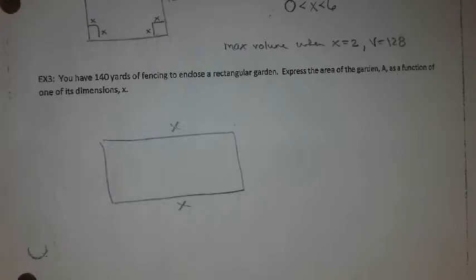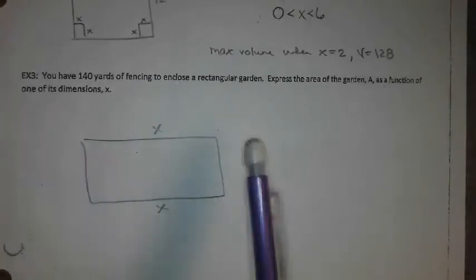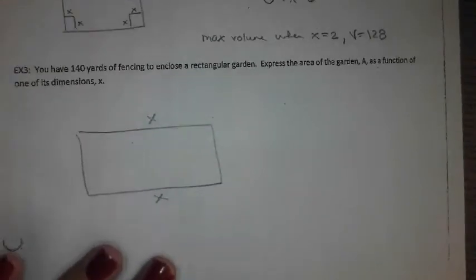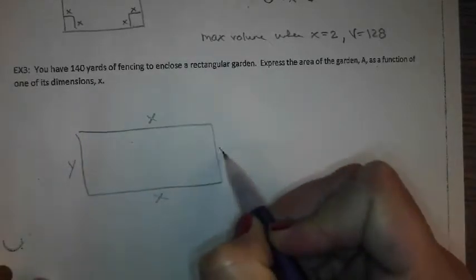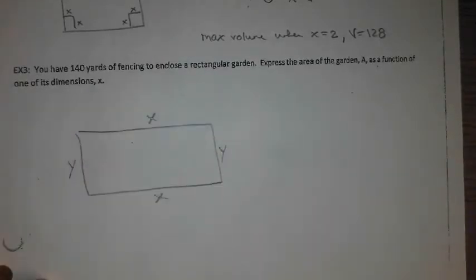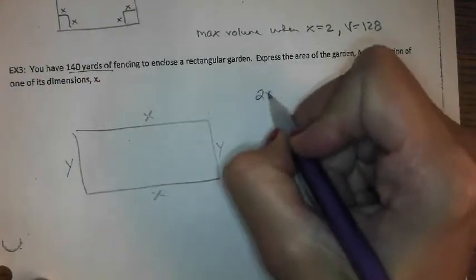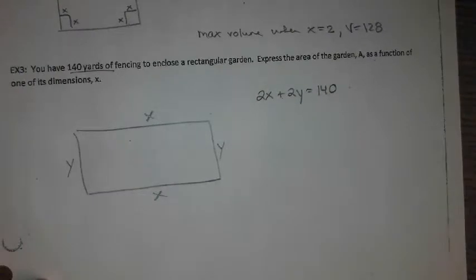So, what are we going to do to reference the width then? I'm going to do this the long way because I'm going to guess that some people wouldn't follow if I just jumped right to the answer. So if I call that y, I know because of my 140 yards of fencing that 2x plus 2y has to equal 140, right?